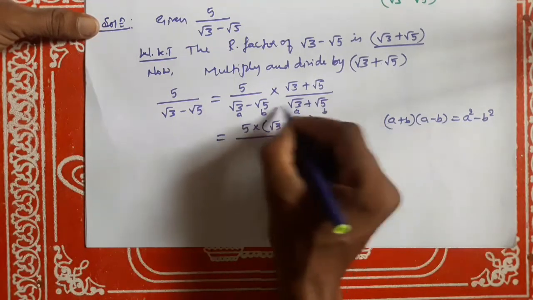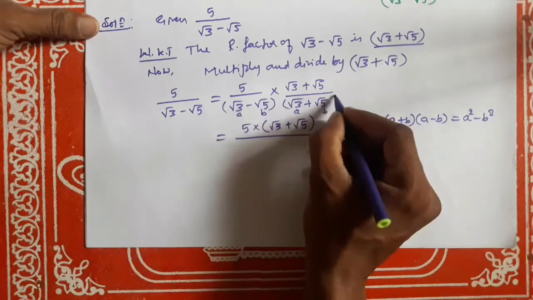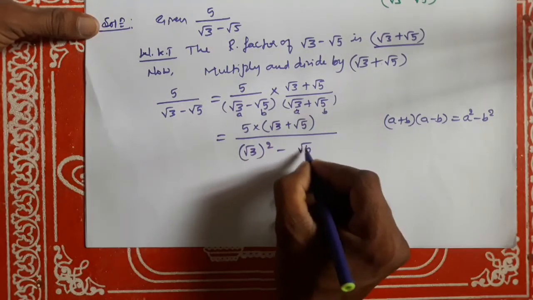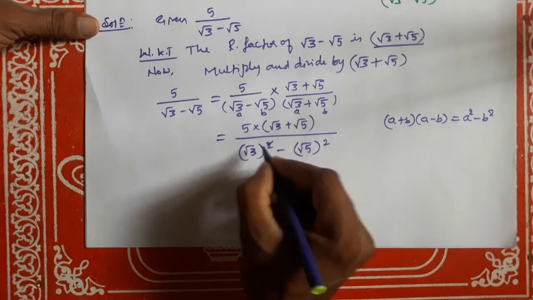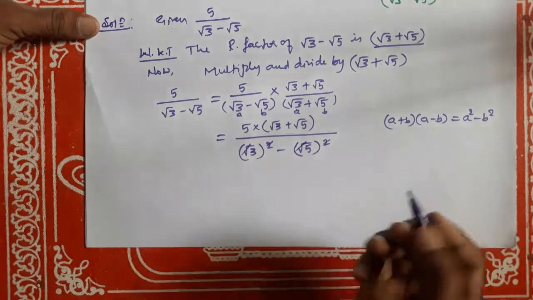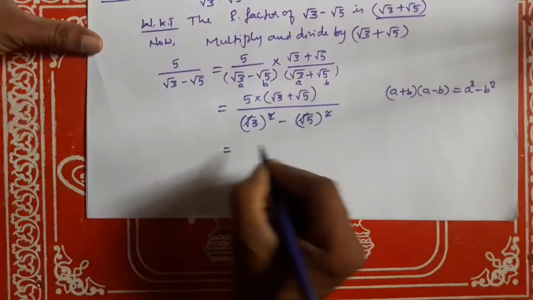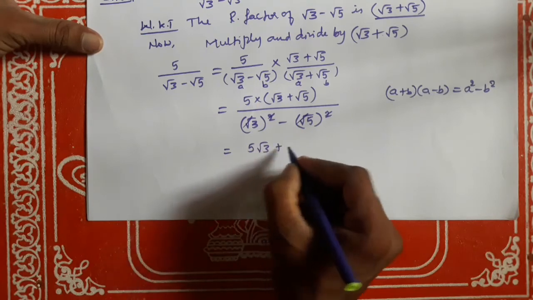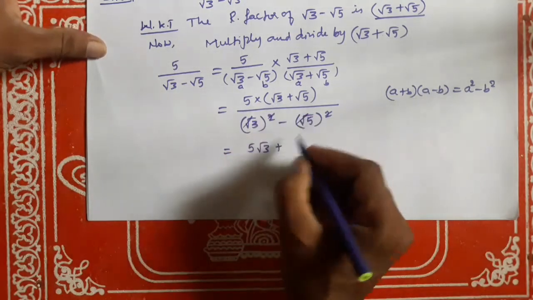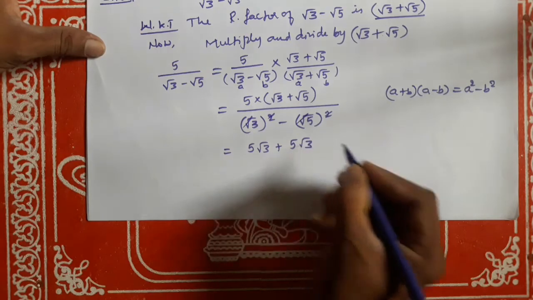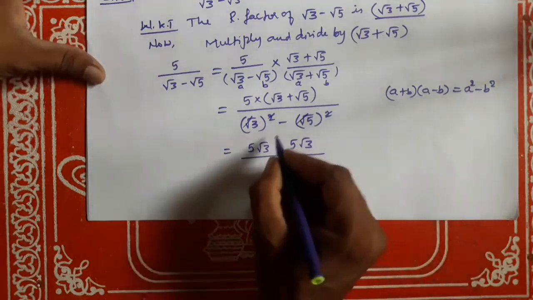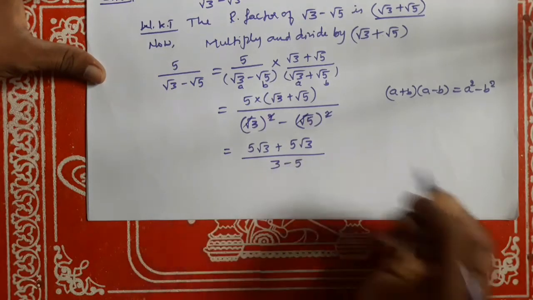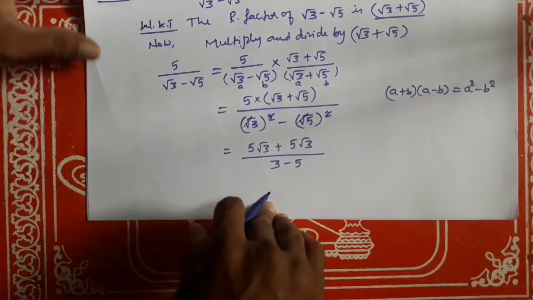So root 3 whole square minus root 5 whole square. The square and root will get cancelled. So it is 5 into root 3 plus root 5 divided by 3 minus 5.